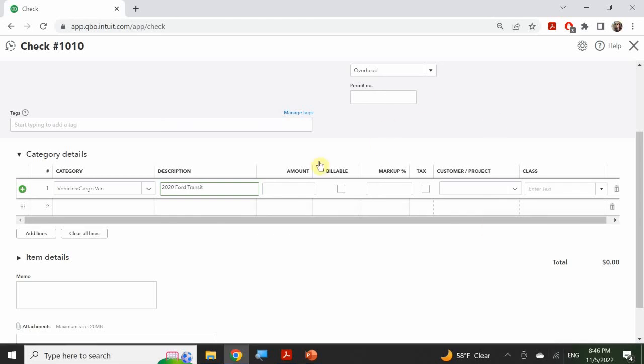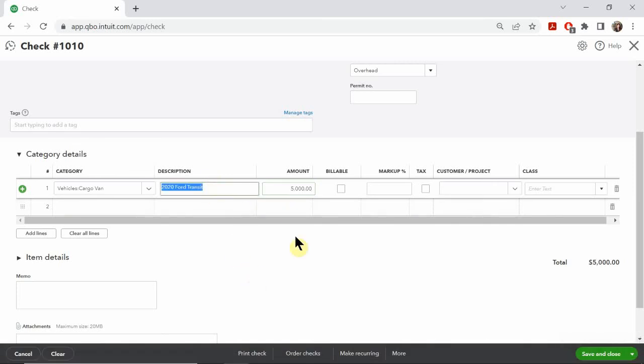The amount that you paid was $5,000. Of course, you could say down payment, for $5,000, and this is for the store. You purchased the car for the store.